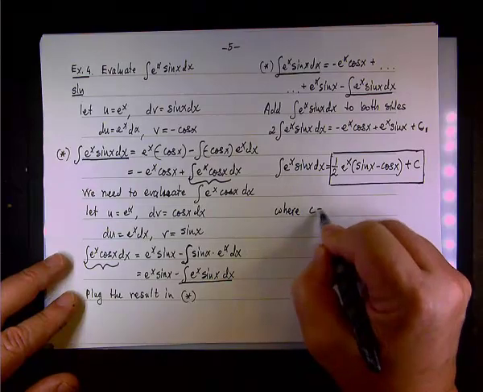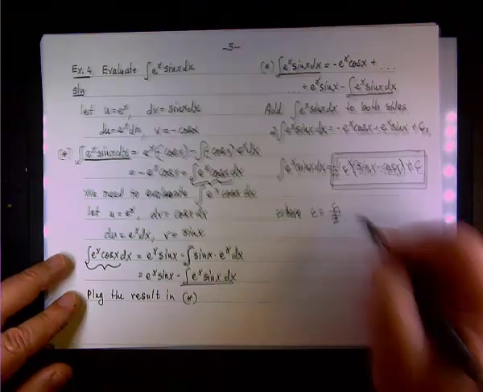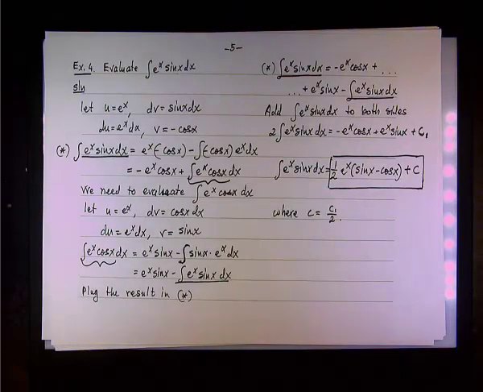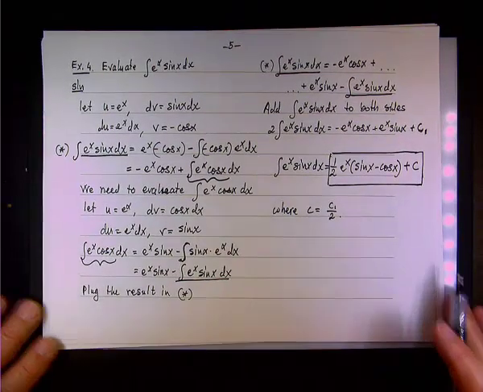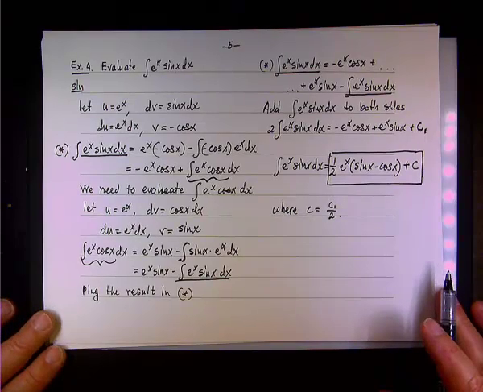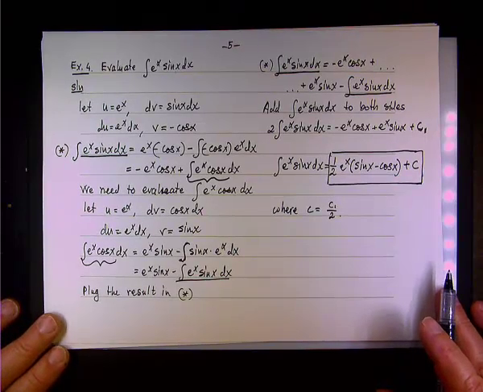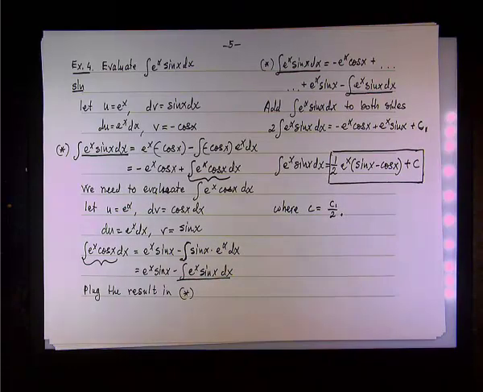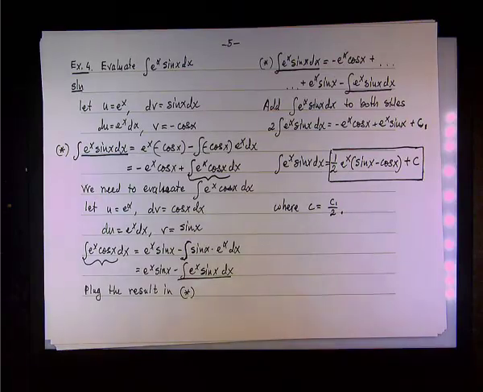That's why we really don't worry about the intermediate value of c, because we can always adjust the constant. So c equals c1 divided by 2. Again, we can check it. I'll let you check it at home.